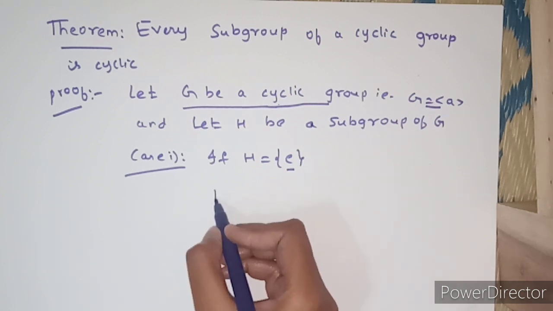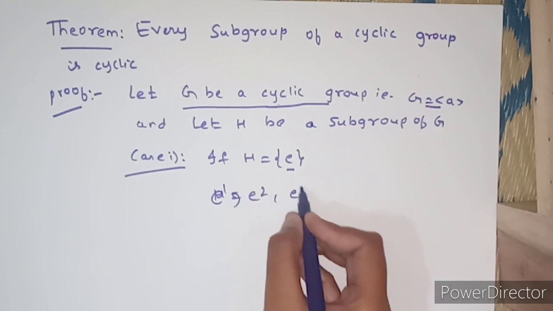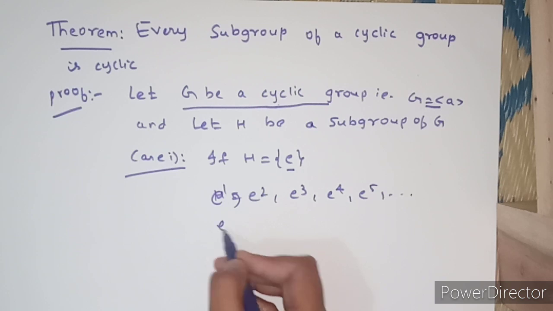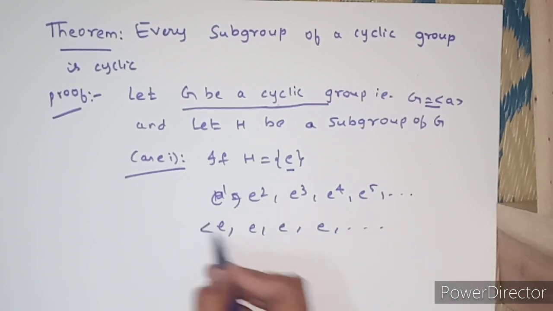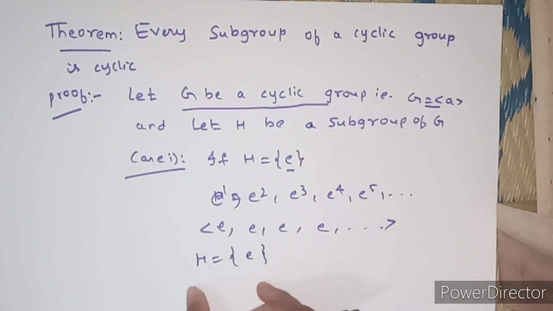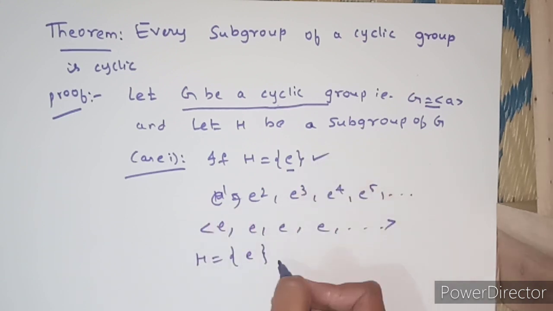Here H contains only a single element. See, e^1, e^2, e^3, e^4, e^5 and so on: e^1 is e, e squared is e, e cubed is also e, and so on. So here we are getting e only. So H is equal to {e}, and this e is generating the entire set H. Then H is cyclic, right?